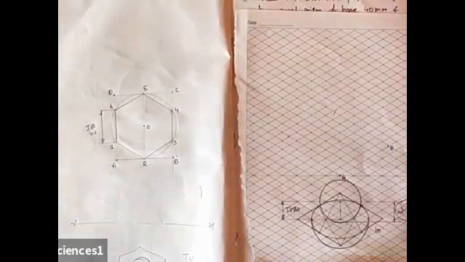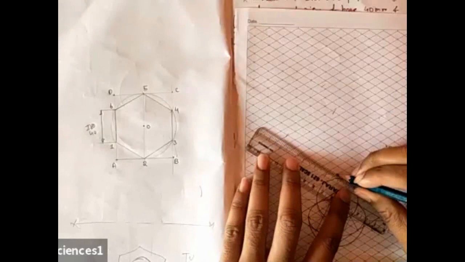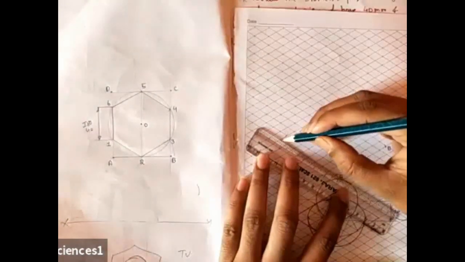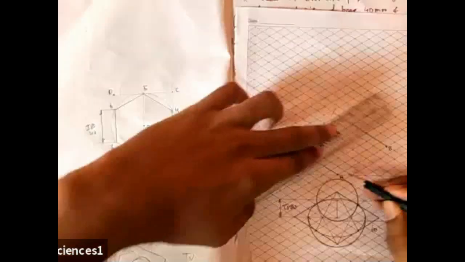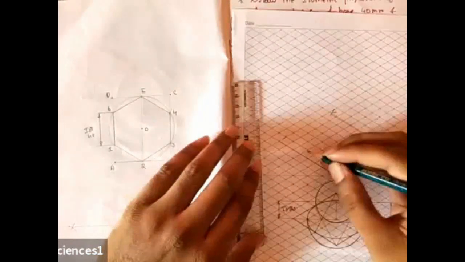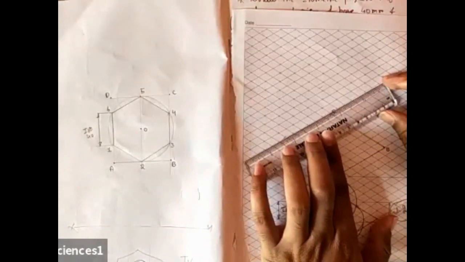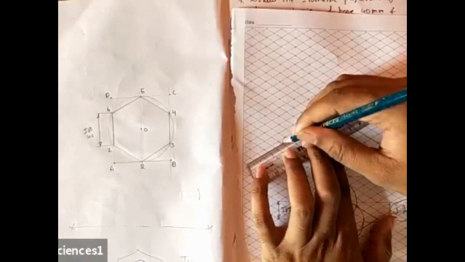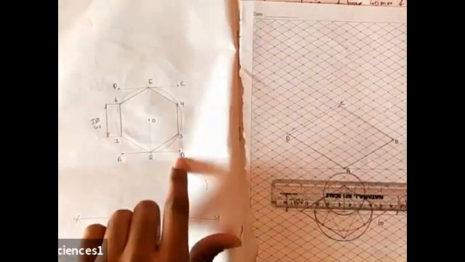Draw those two lines, then cut the final arc, A to D and B to C. This is the point C. Finally, join C to D. This will be your point D. Whatever length you have got from A to B, B to C, C to D, you have transferred onto your isometric grid sheet.